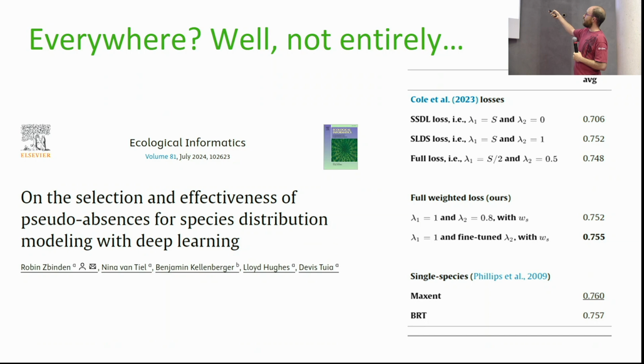Then these are the results that they achieved with also deep learning approaches, playing around with how to use the pseudo-absences. And yes, they improved with respect to the previous deep learning state of the art, but they were still behind Maxent, for instance, single species models that don't use any deep learning at all.